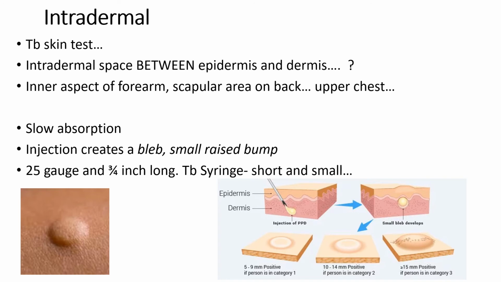So just remember that bleb, 25 gauge, short and small. Typically, only about half a cc is injected, so it's a very small amount, even though it may feel like more because it's given in a sensitive area. It's about half a cc typically for TB testing.